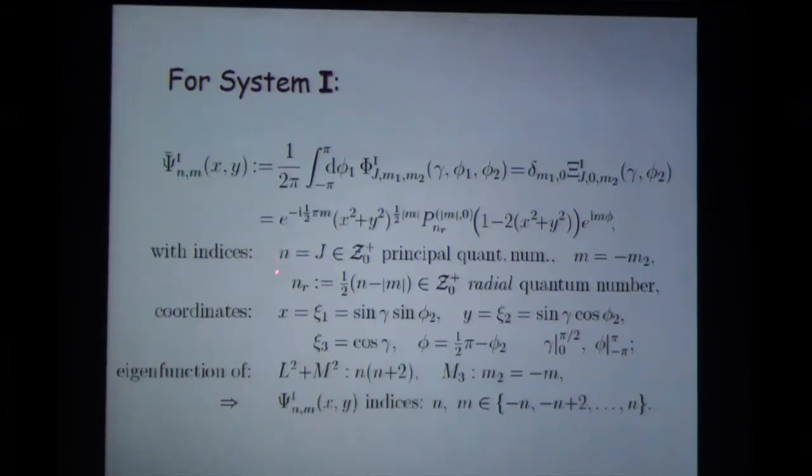Now, the indices are a principal quantum number. N is simply 2j plus 1 of the 3-sphere, and m will be minus m2. So the coordinates are then x and y. You can write them in terms of the angles with these ranges, and specify, well, now there are eigenfunctions of this operator with this eigenvalue and in this magnetic quantum number.